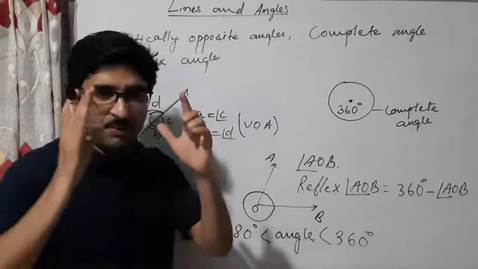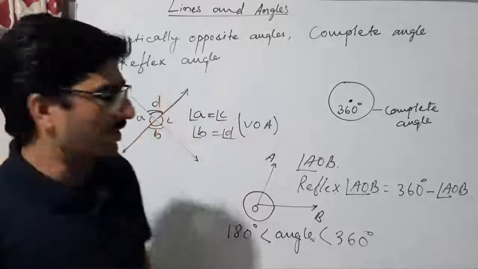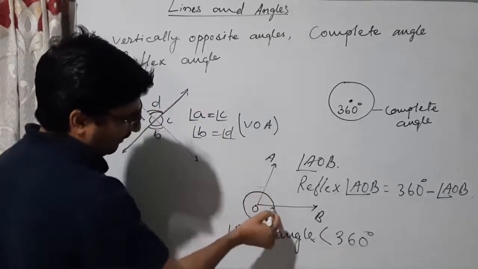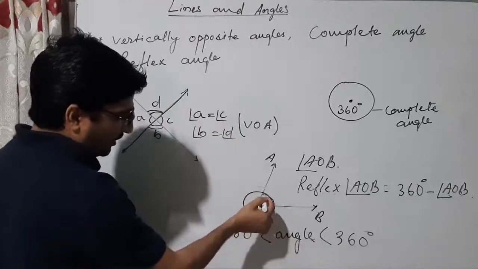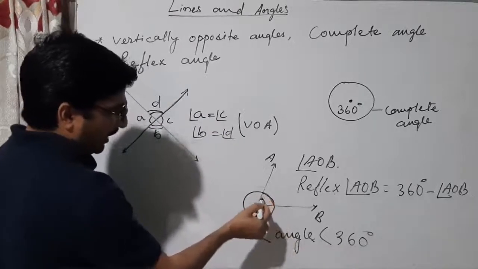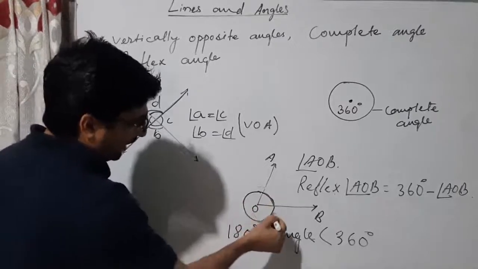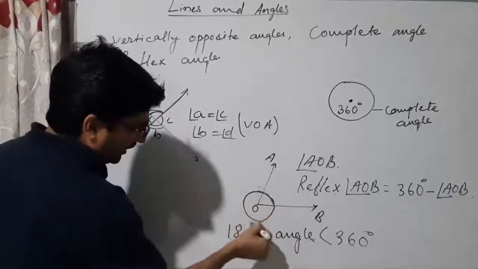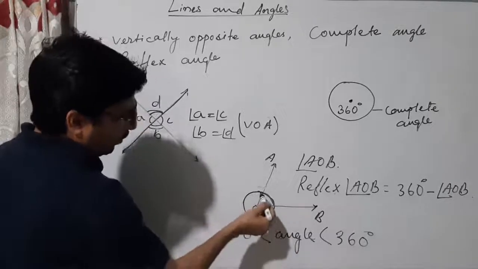That is a reflex angle. From the figure you can understand the reflex angle. If this AOB is the acute angle, suppose, then the external angle is the reflex angle. It is more than 180 degree.